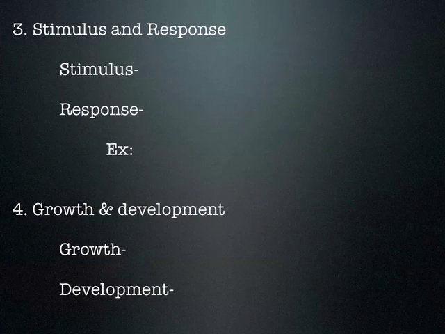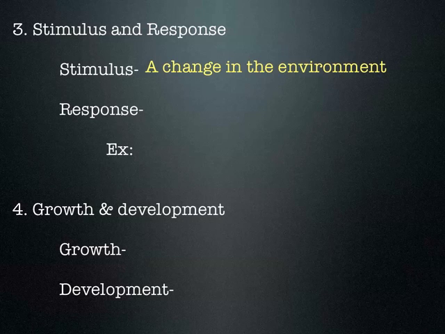Next step, stimulus and response. All living things respond to various factors in their environment. A stimulus is some sort of change in the environment: a change in temperature, a visual change, a chemical.